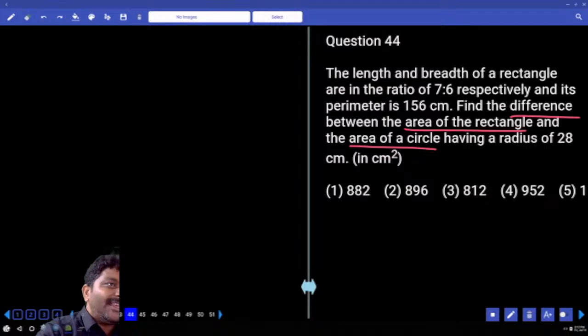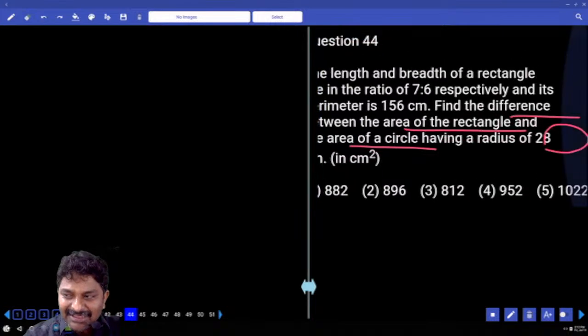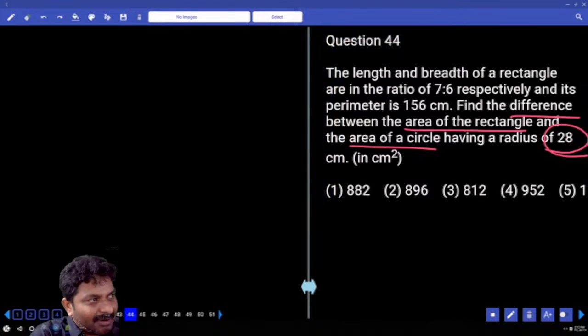You know that the radius of a circle is always a multiple of 7. When you calculate the area of the circle, pi r square, you know that r is a multiple of 7, right? r square is there. So pi r square is going to be which multiple? Come on. A multiple of 7.